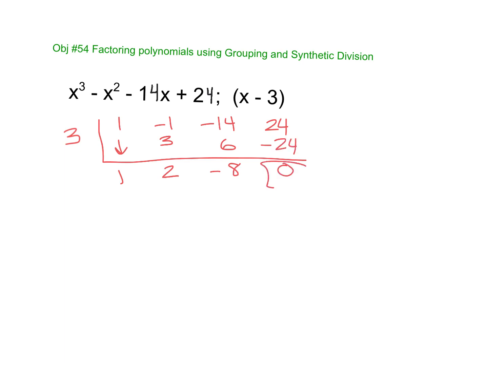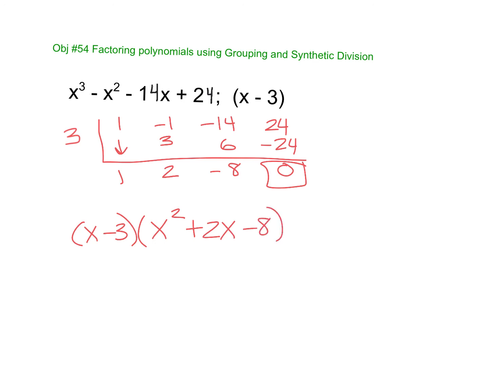All right, so again, if we didn't get a 0, this problem would be a mess. Like, we have to get a 0 here, all right? So now, how do we write our answer? So we have our x minus 3 as a factor, right, because it went in nicely. And then we divided it out, and what are we left with? x squared plus 2x minus 8.